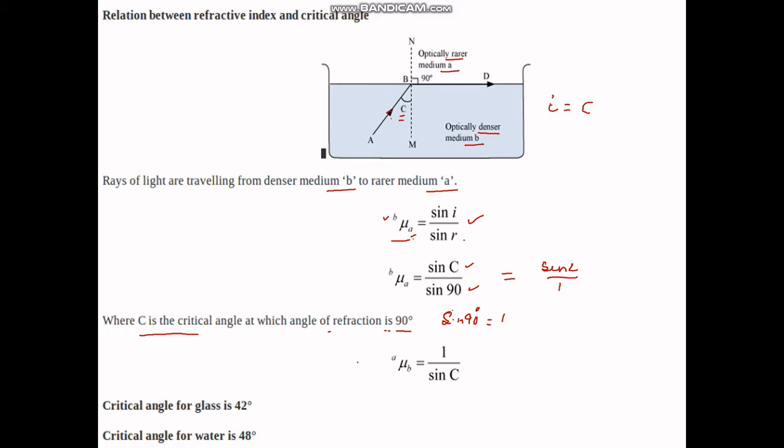And using the principle of reversibility, you will get A mu B equivalent to 1 upon sine C. That means the refractive index of denser medium is equal to 1 upon sine of critical angle. Now, for your information, or you may remember this, the critical angle for glass is 42 degrees and the critical angle for water is 48 degrees.